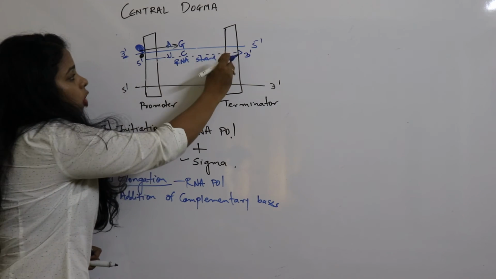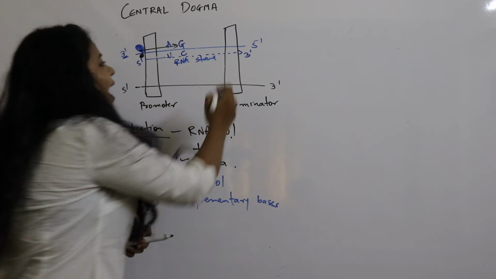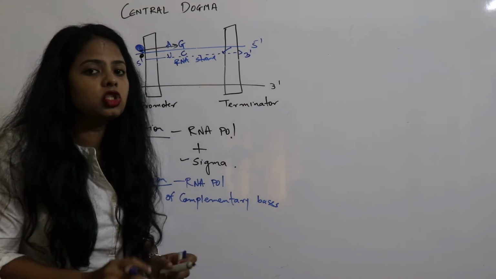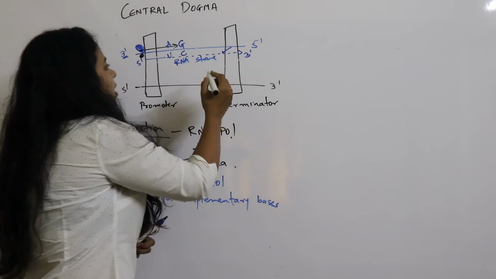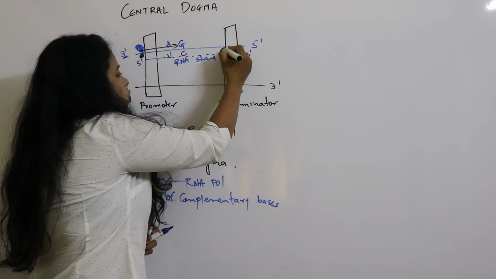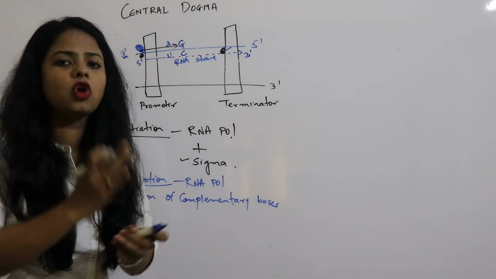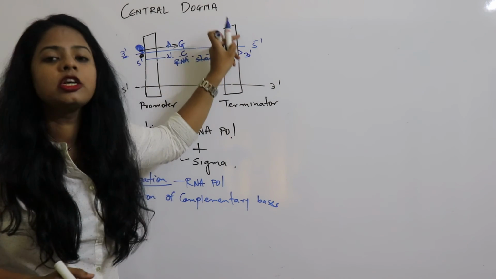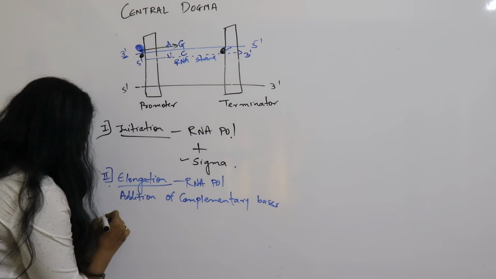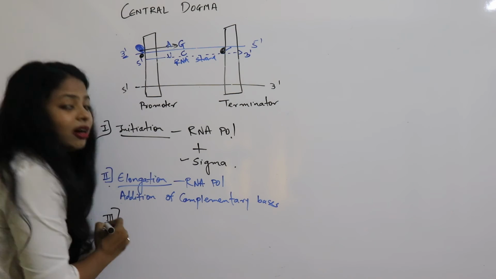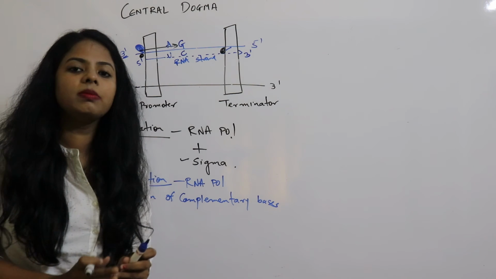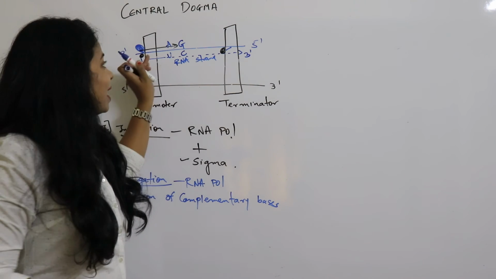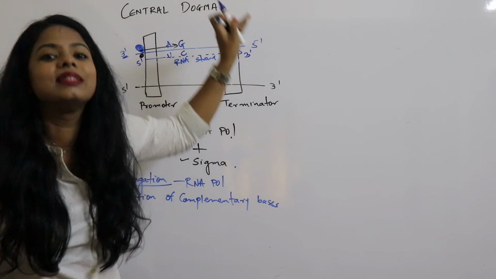Now what is the next thing? Now this process stops. Now where does it stop? At this point the process stops. Okay, for this you require rho factor. So rho factor helps in the stopping or the termination of this process, and the process stops. So last, that is third step is what? Termination. Termination means the point at which RNA strands stop synthesizing.